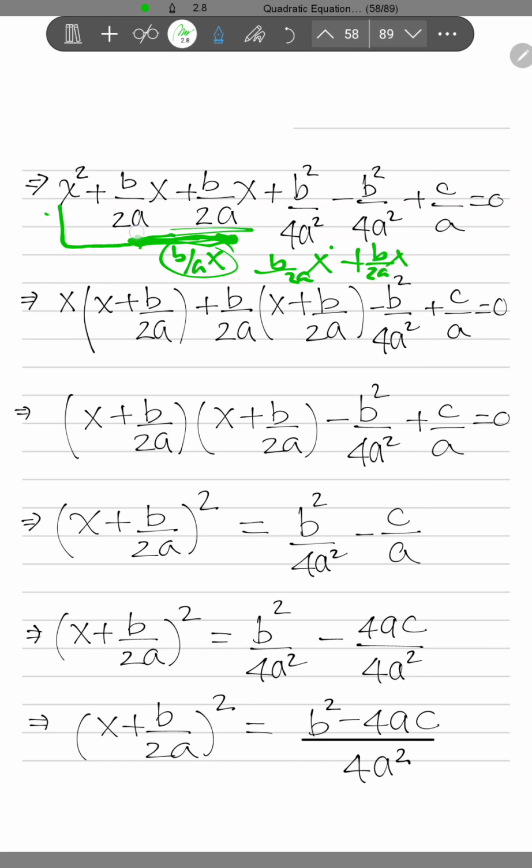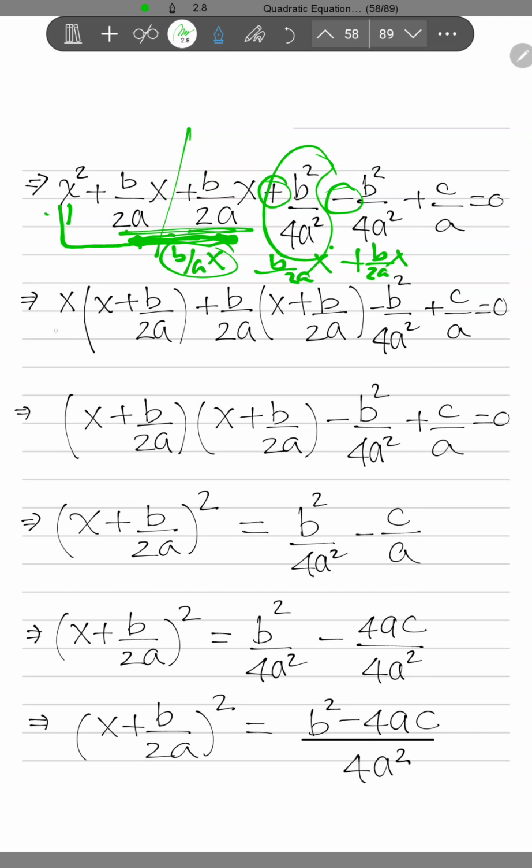That's what's happening here. And then b squared divided by 4a squared is added here and subtracted here. We deduct it at the same time. Plus c over a. Why do we split this into 2? Because we have to take a common factor and then distribute to make it a completing square technique.